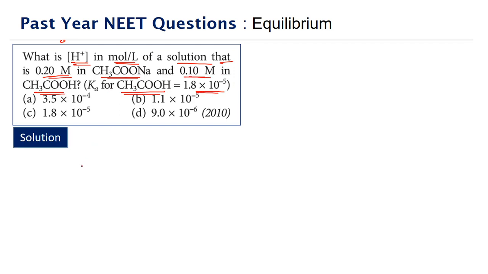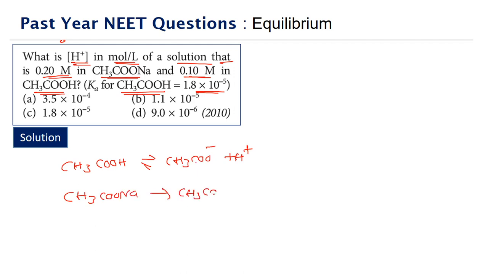If you look at it, broadly what happens: the acid will dissociate, but it will be a weak acid, so it will undergo dissociation through equilibrium, CH3COO minus plus H plus. At the same time, there is also going to be the salt dissociation. Salt being a strong electrolyte, it will almost completely dissociate.